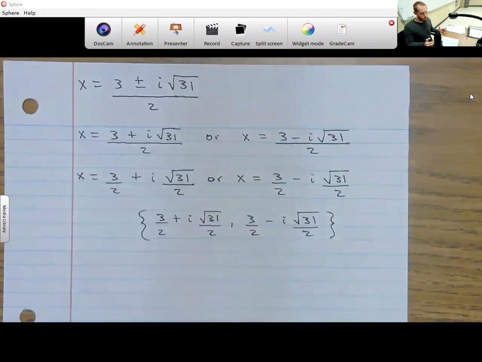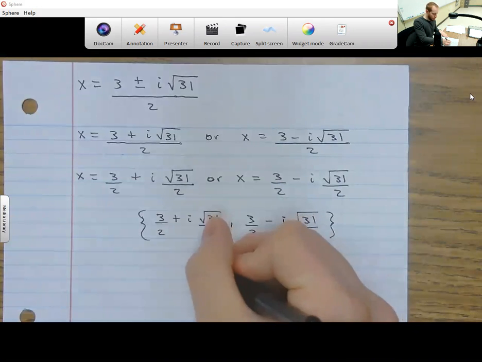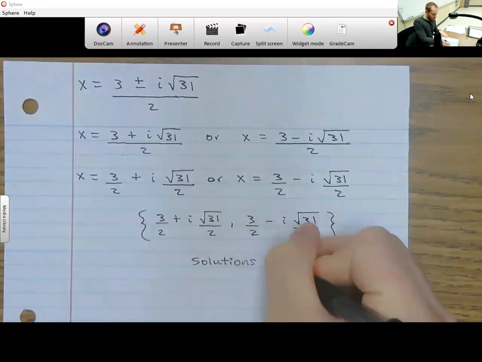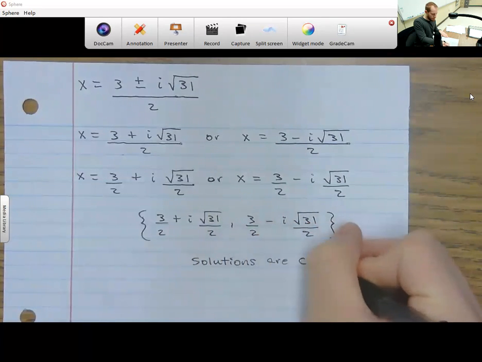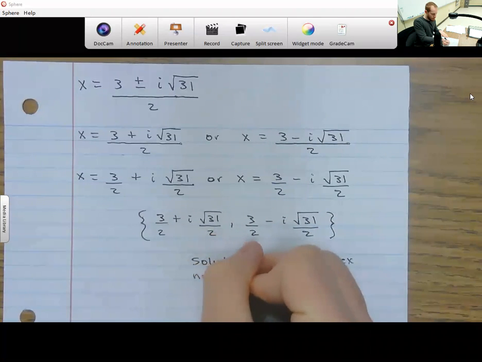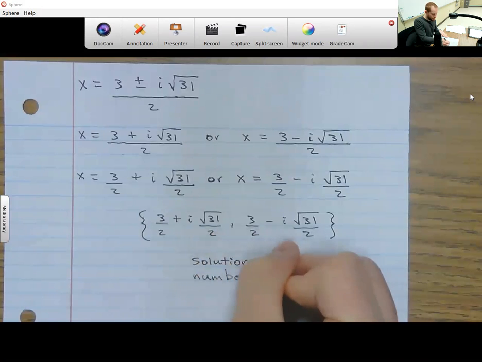If the number under your square root is negative, you can always take out the negative as an I, and you would have imaginary answers, otherwise known as complex answers. So these solutions are complex numbers. Okay.